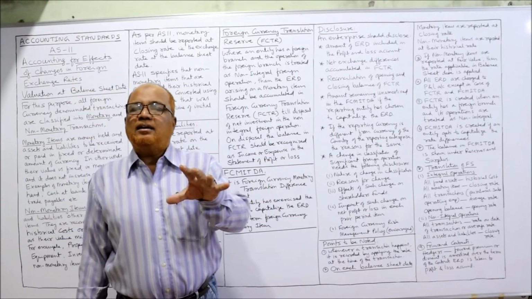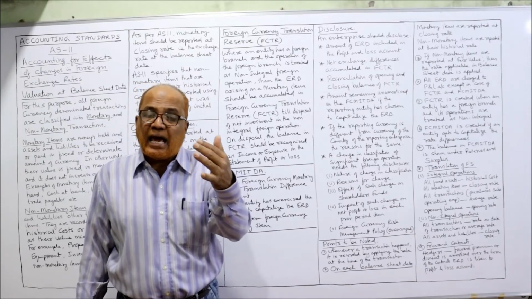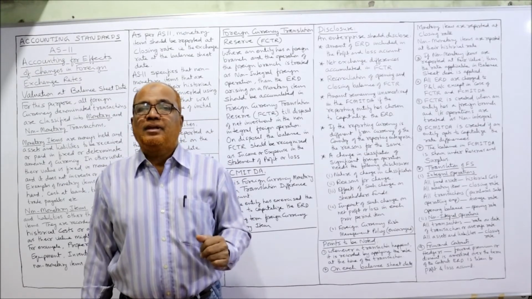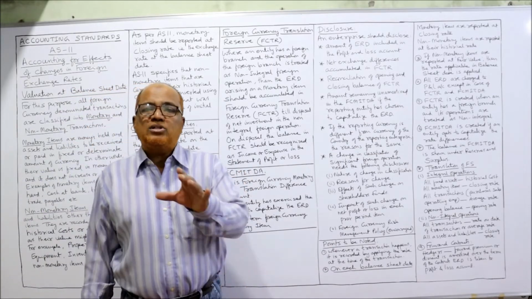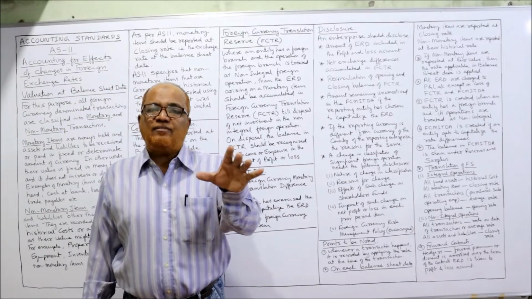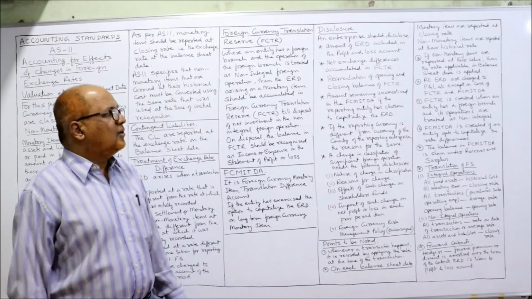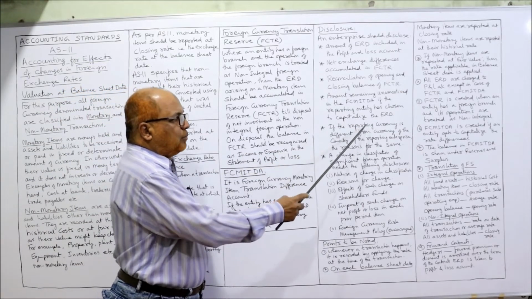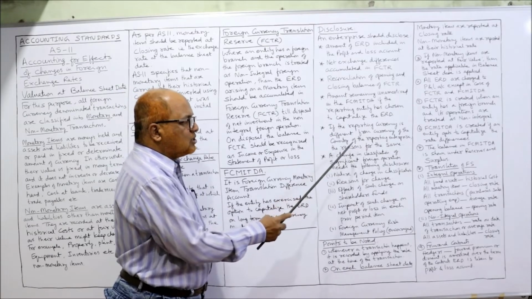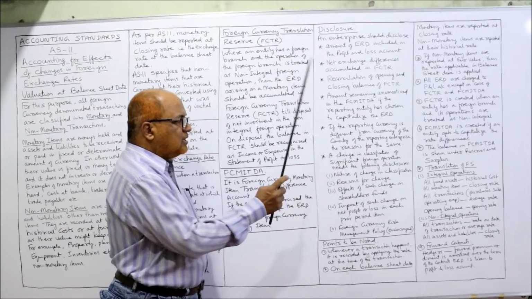If the reporting entity has decided to capitalize ERD, then how much is the remaining amount in FCMITDA, foreign currency monetary item translation difference account. If the reporting currency is different from the currency of the country of the reporting enterprise, the reason for the same.